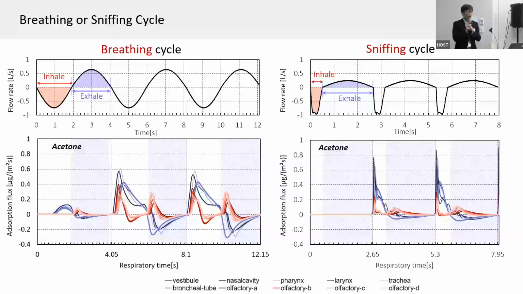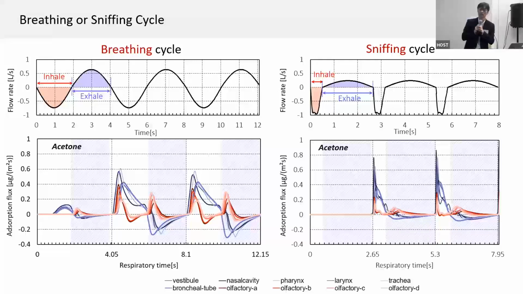Okay, if we change the sniffing period, this is the comparison of the breathing cycle and the sniffing cycle. The breathing cycle is general breathing conditions, and the sniffing cycle is a deep and quick inhalation and long exhalation. We can see significant differences of adsorption flux on the mucous layer.